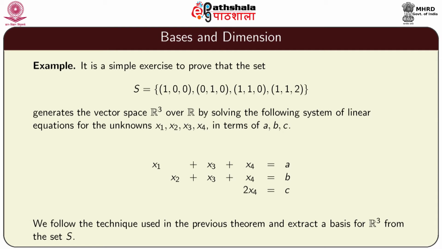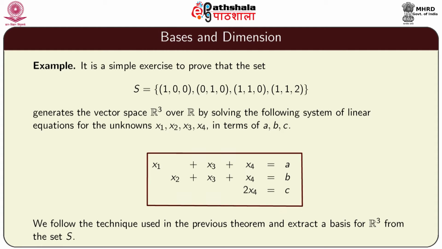So, we want (a, b, c) to be equal to x1 times (1,0,0) plus x2 times (0,1,0) plus x3 times (1,1,0) plus x4 times (1,1,2), and the simplification gives you this system of equations, that is x1 plus x3 plus x4 is equal to a, x2 plus x3 plus x4 is equal to b, and 2x4 is equal to c.